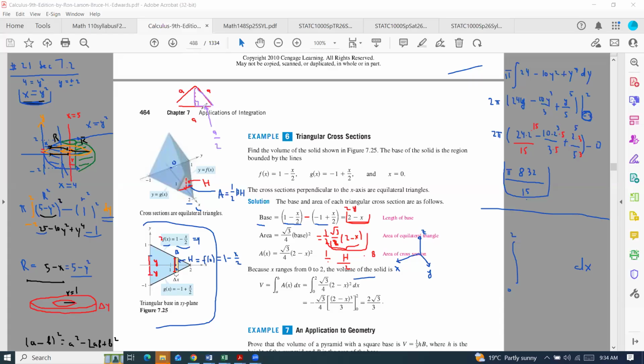So how about finding the height h? Well, Pythagorean theorem, h squared is going to be equal to the square of the hypotenuse, subtract the square of the side. I told you to do this yourself, but I'm doing it for you.